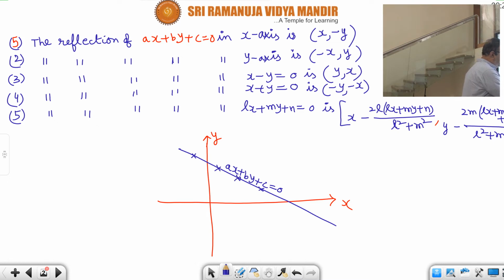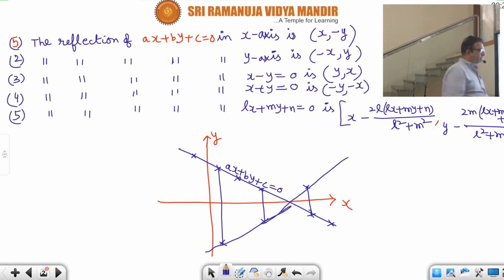So many points, some above the x-axis, some below the x-axis also. For each and every point there will be a reflection in the x-axis. So for this point reflection will be somewhere here. For this point the reflection will be somewhere here. For this point reflection will be above somewhere there. All these reflections of individual points lie in a straight line. That straight line is called the reflection of the line ax plus by plus c is equal to 0 in x-axis.